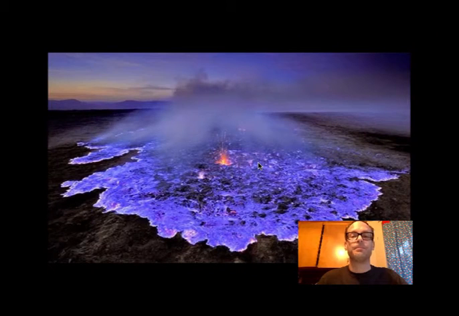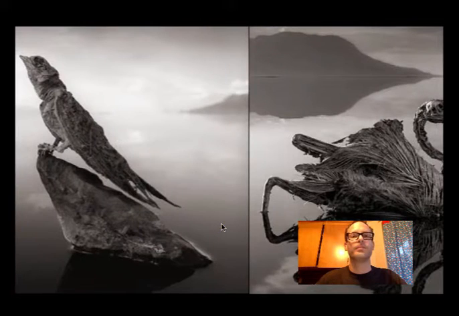Here we have, believe it or not, a volcano which has blue lava, and it has to do with the nature of the gases released by the lava that makes it blue.